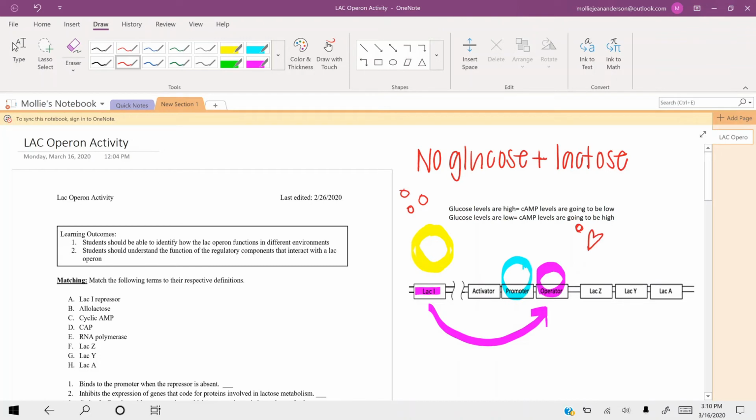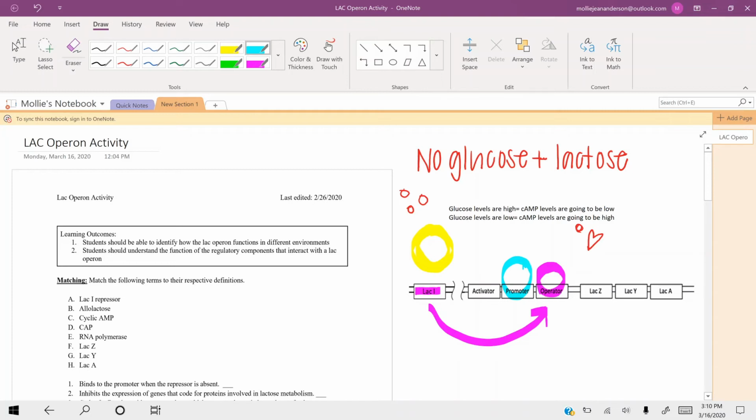So CAP is an activator protein, and what that does is it binds to the activator site when it's in the presence of cAMP. And then when it binds to the activator, it's going to allow RNA polymerase to bind to the promoter more quickly and then transcribe these genes at a much faster rate. So, in our specific scenario here, we know that there is no glucose.